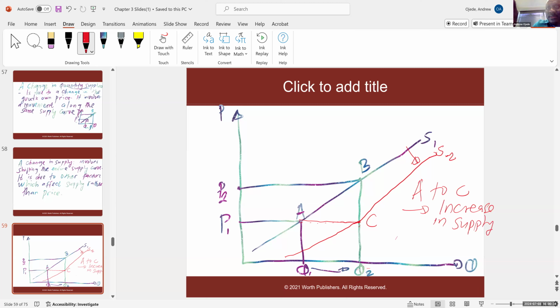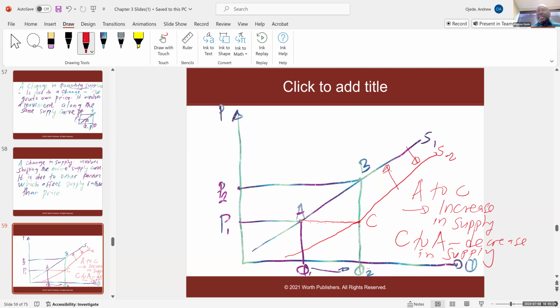But C to A, if we shift the supply curve to the left, is a decrease in supply. Remember, you no longer use the word quantity. You can't say decrease in quantity supplied. That's wrong. A decrease in quantity supplied is when the price is the one changing. When the price decreases, that leads to a decrease in quantity supplied, moving along the same supply curve.